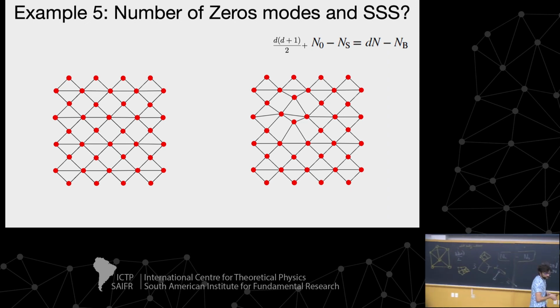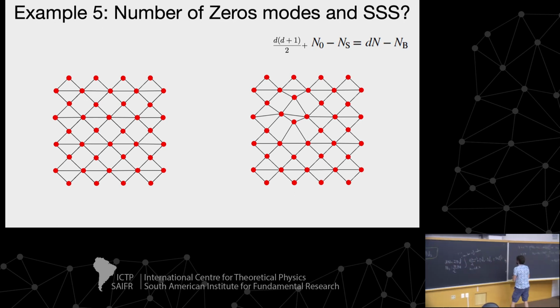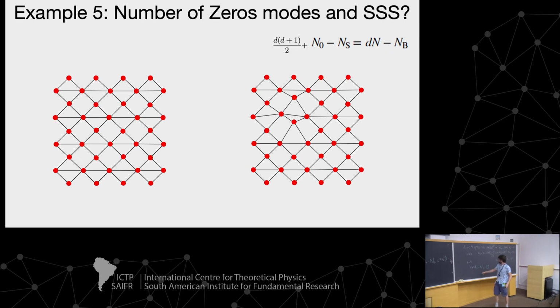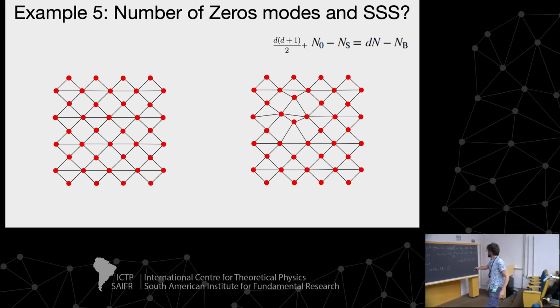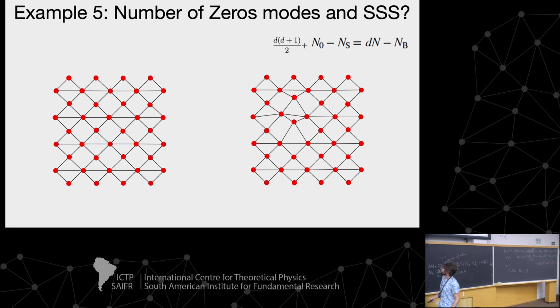Actually, what you find in that case is that n0 minus ns is always minus 3.